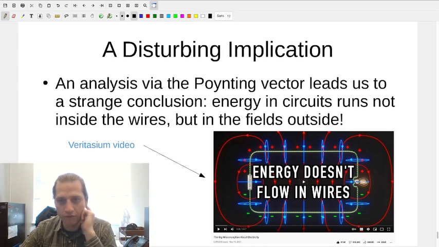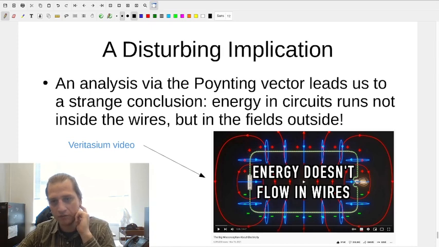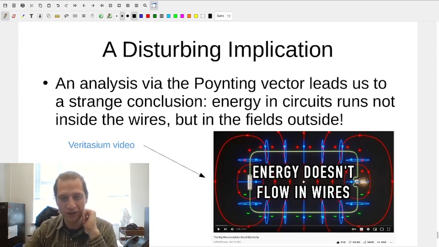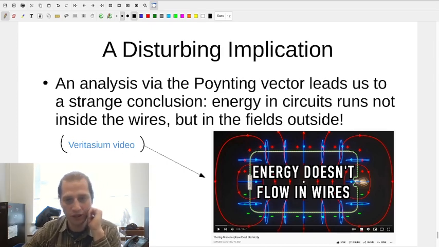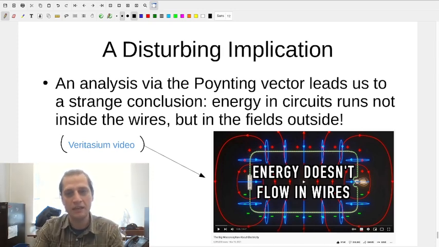But if you're thinking about how does the energy flow from the battery, for instance, to a light bulb, the energy is not flowing inside of the wires, but it's flowing in the electric and the magnetic fields outside of the wires. So I encourage you to go watch this Veritasium video. I've linked it in your PowerPoint, but if you want to just look it up, The Big Misconception About Electricity from Veritasium, he talks about that a little bit more.